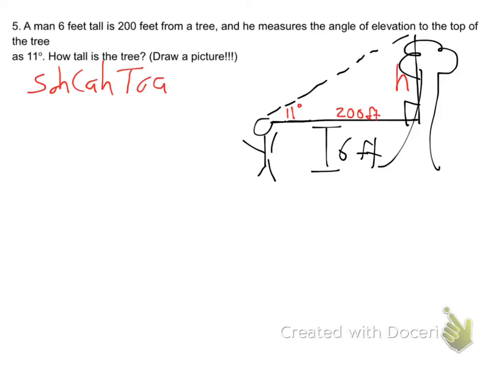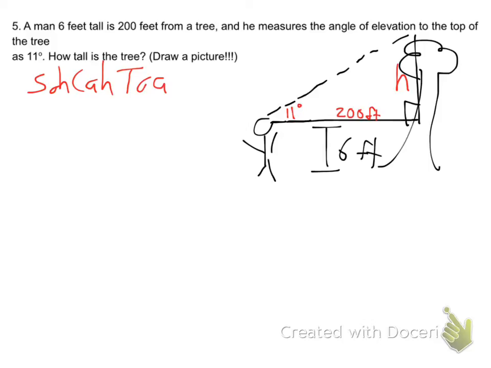SOHCAHTOA. So we remember the ratios. We only are given one angle. We could find the other angle if we absolutely wanted to. Not needed though. So if I think of angle 11, what is h according to 11? It's the opposite. What is 200 according to 11? Adjacent.